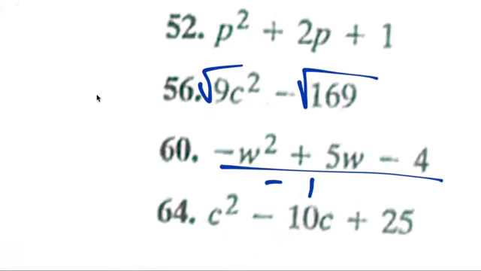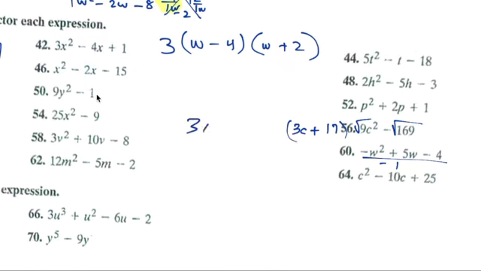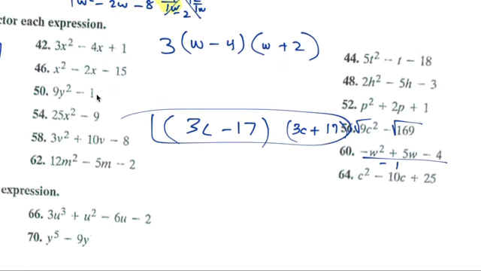And to get b to 0, it's 3, so your answer is 3, and 169 is 17. C, to get 0, it's a plus and then a minus, right? So it's 3c minus 17. And that's your answer for that one.